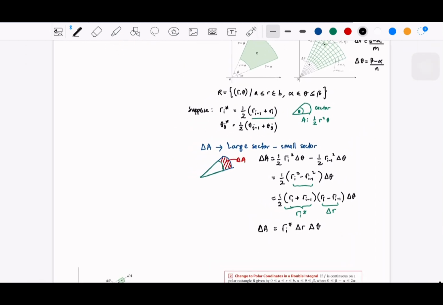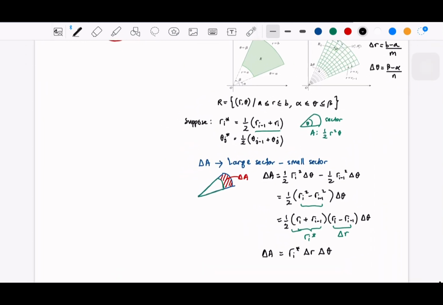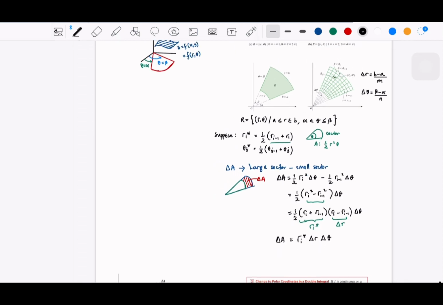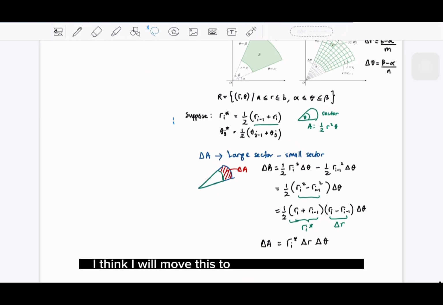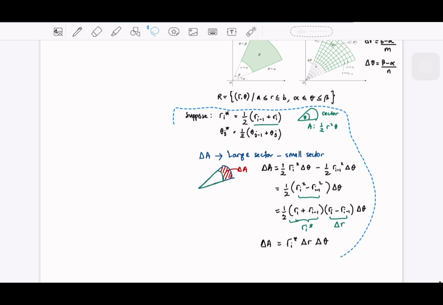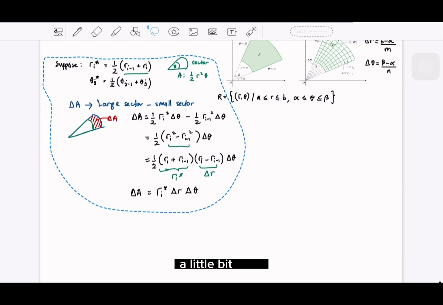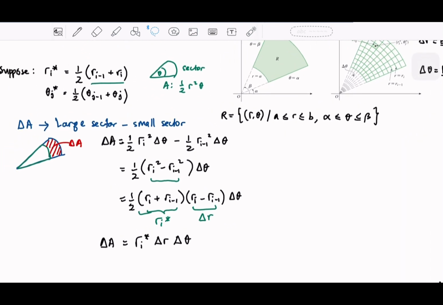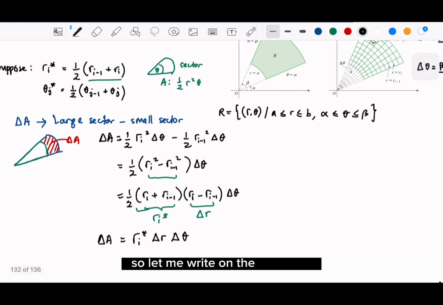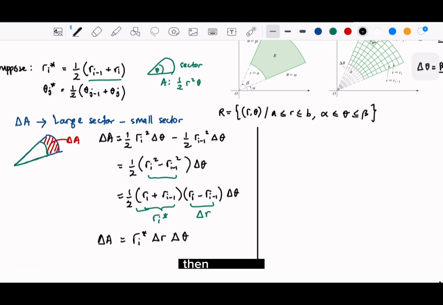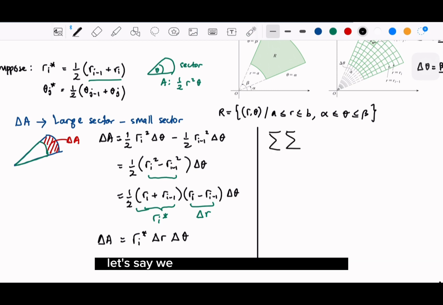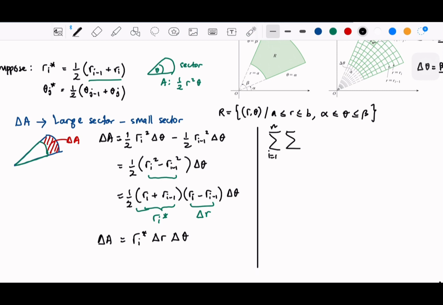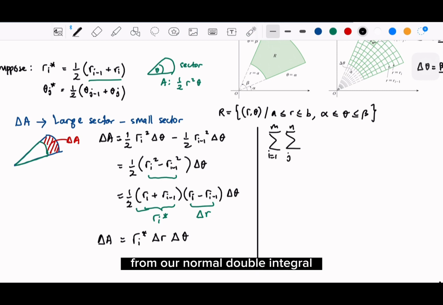I think I will move this to the left side to make it a little bit clearer. So let me write on the right side. Then we have, let's say we start from our definition first, from our normal double integrals, just the regular one.